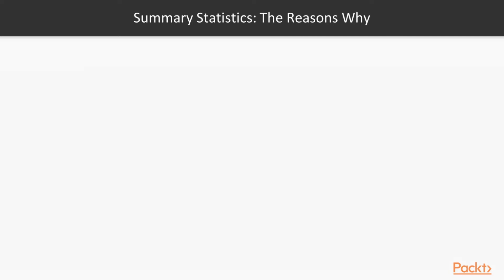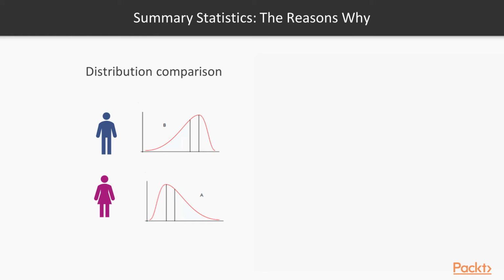Something similar, but not identical, holds true for summary statistics. Since they are able to summarize distributions in a number, or maybe a pair of numbers, those statistics are a really convenient tool for performing comparison between attributes or even partitions of the same attribute. Think, for instance, of computing the average salary by age or by sex, as you can see represented here.